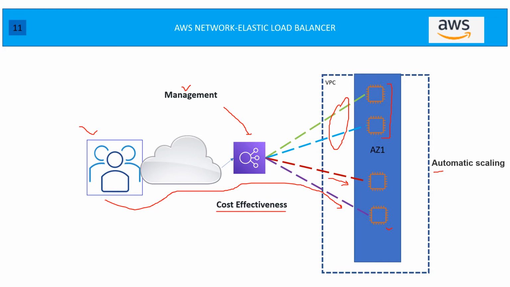And it also gives you the option for automatic scaling. So if you're very popular, maybe an e-commerce website, and you have a pattern that at a particular time you see a lot of users doing shopping or some sort of activity, at that time you can configure automatic scaling. And once the load increases, you create more instances to share the workload.